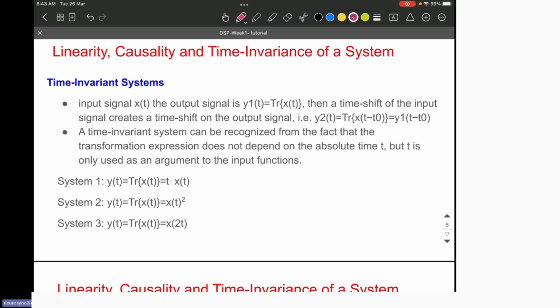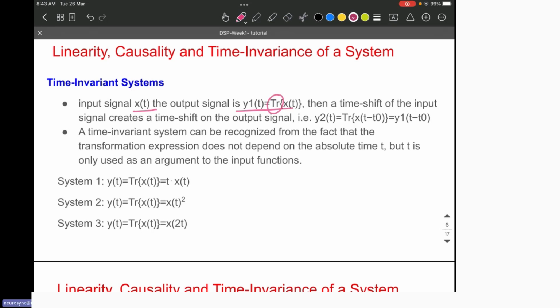In other words, we can say that if for some input x of t, the output signal is y1 of t. Here TR is nothing but the transformation rule of the system. Therefore, y1 of t is equal to TR into x of t.